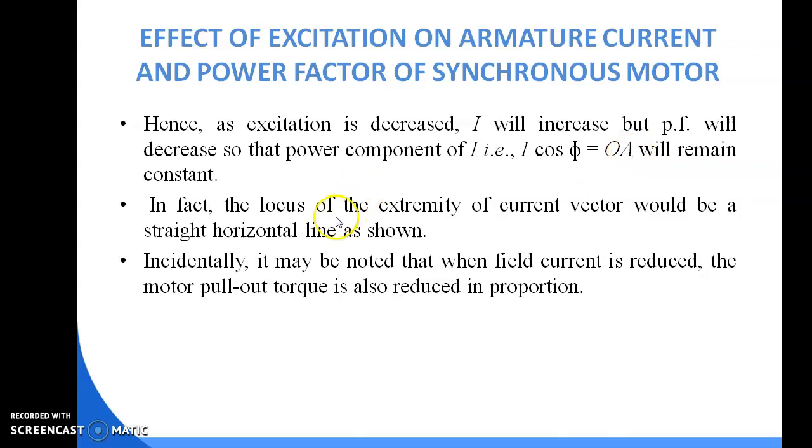In fact, the locus of the extremity of the current vector would be a straight horizontal line as shown. Incidentally, it may be noted that when field current is reduced, the motor pull-out torque is also reduced in proportion.